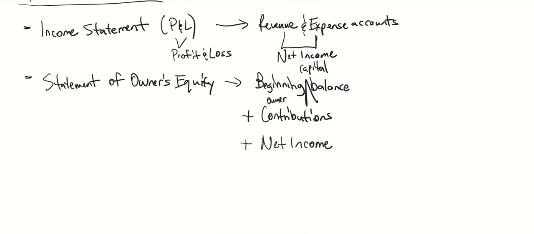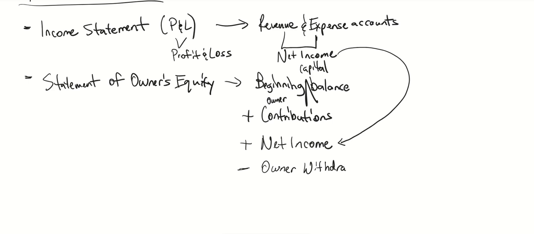All right. So back to the statement of owner's equity. This net income is what actually gets carried over to the statement of owner's equity, because it's pretty much the bottom line, how the business performed. And then we're going to subtract out owner's withdrawals.